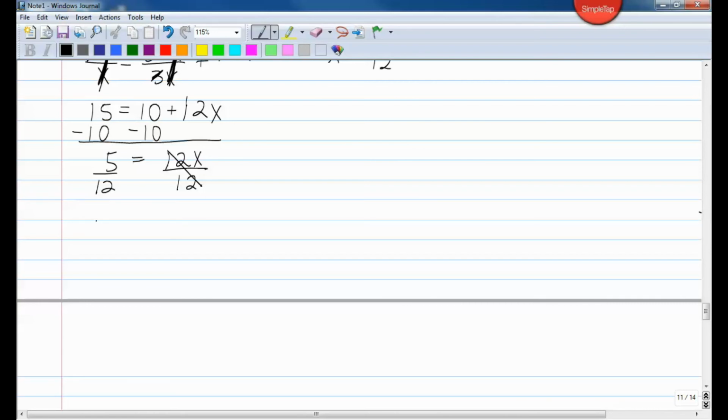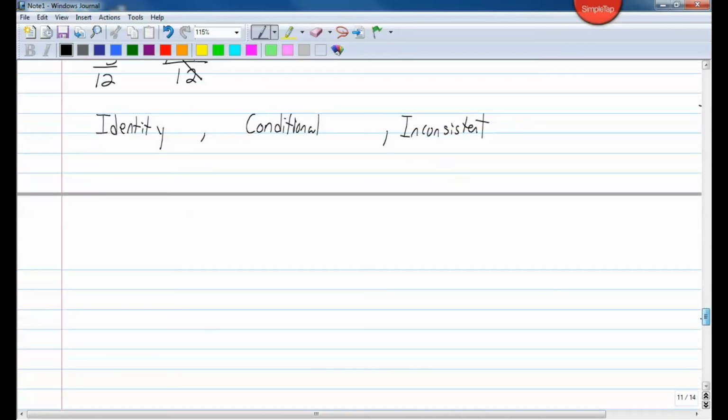Either we have an identity, we have a conditional equation, well, I'll just say conditional, or an inconsistent equation. Alright.